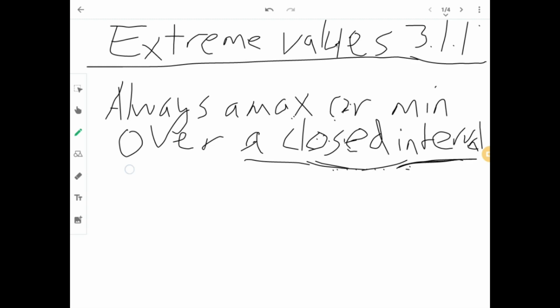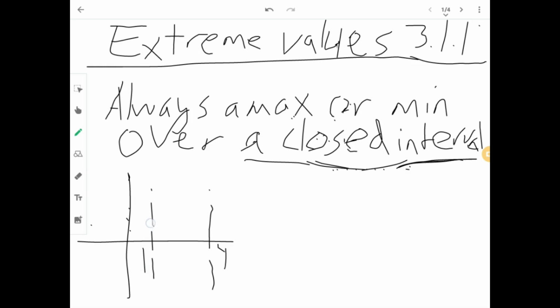For example, if you have this, sorry, I should have drawn that better. And then you have the interval, let's say 4 and 1.